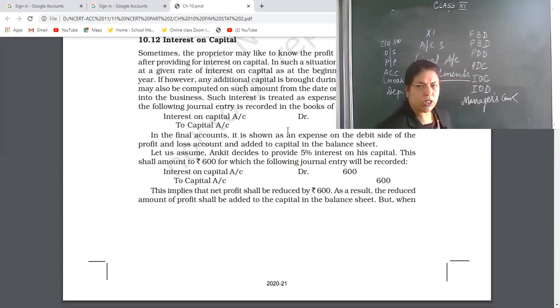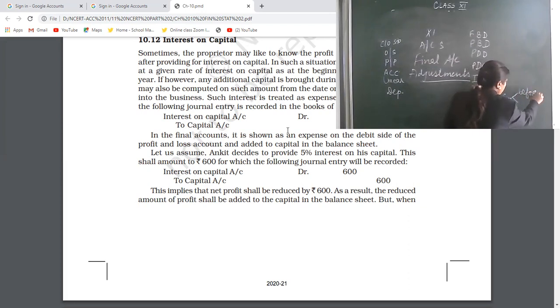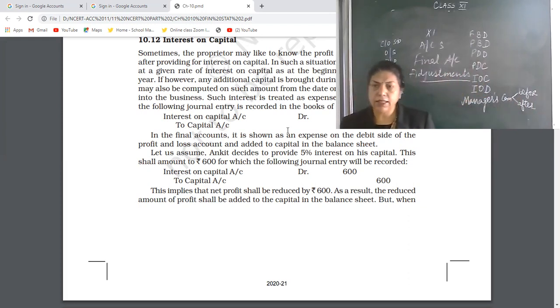Now, manager's commission is also of two types, before and after. So, these are the adjustments which will come in your course one by one. Closing stock, outstanding expenses means due, prepaid means paid in advance, accrued means due but not paid, unearned means received in advance, depreciation means reduction in the value of fixed asset.